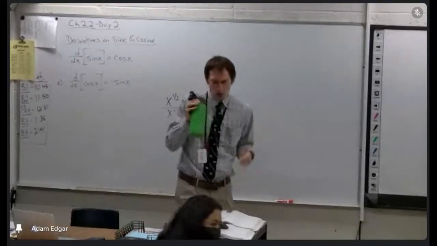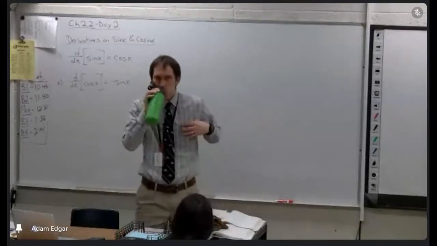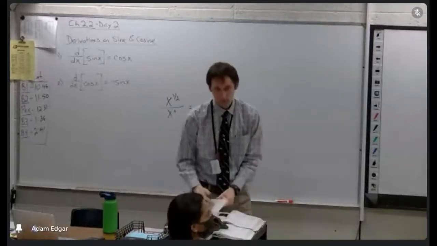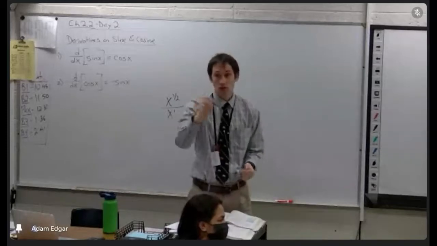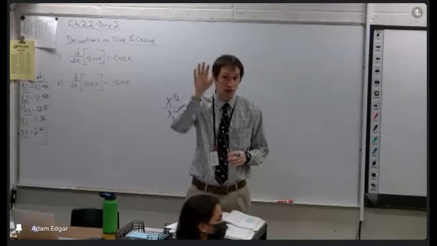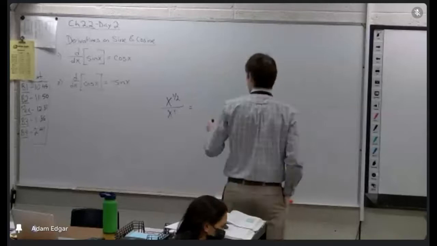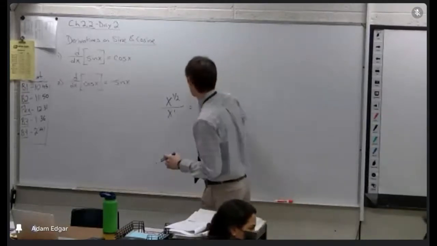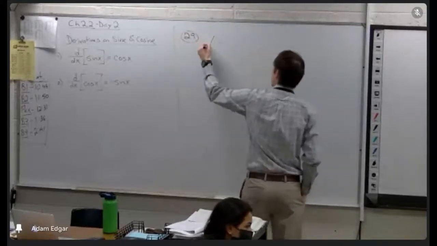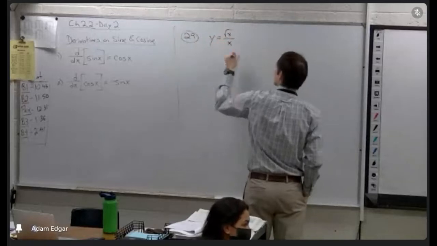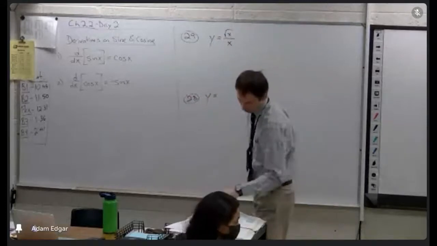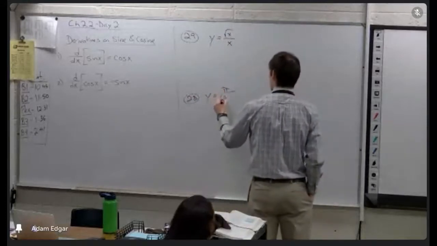Questions from the homework. What do we want to look at? George. 29, 28, and 27. All right, so 29. We had to differentiate root x over x. And then 28 was pi over the quantity 3x all squared.